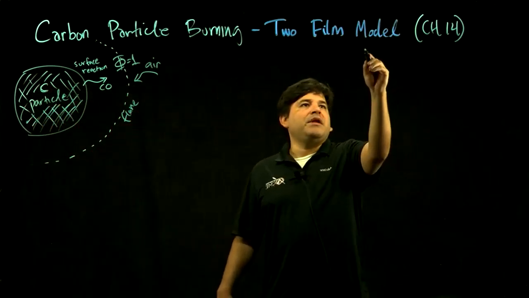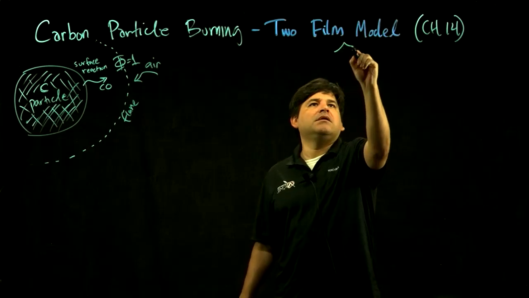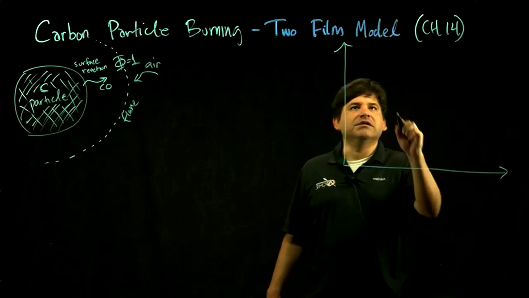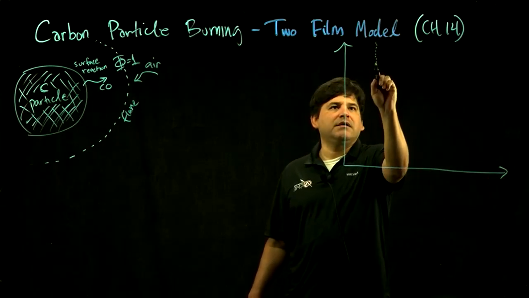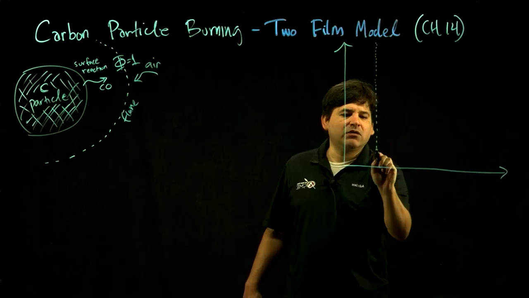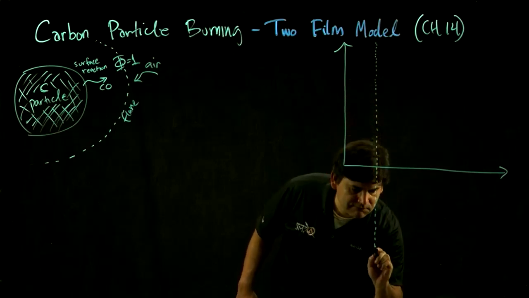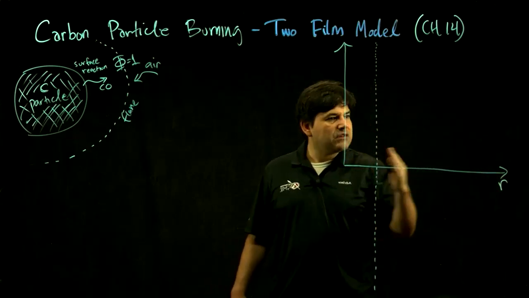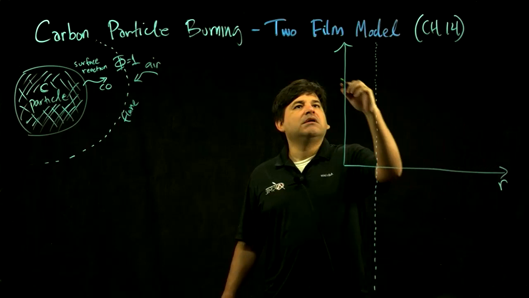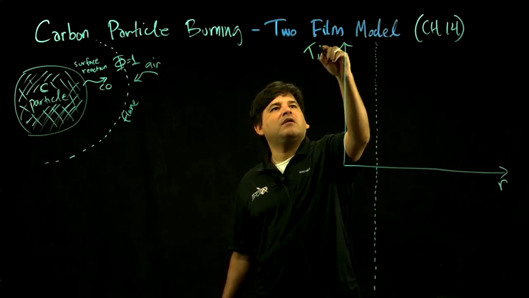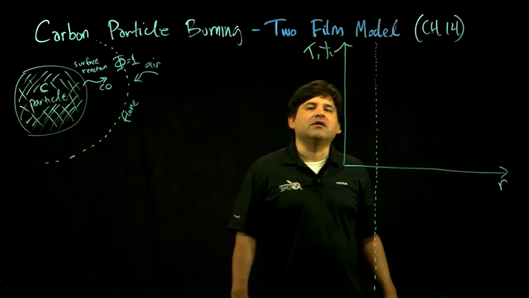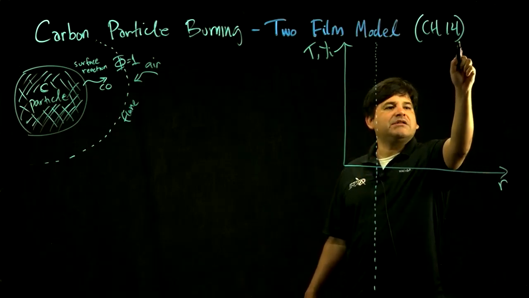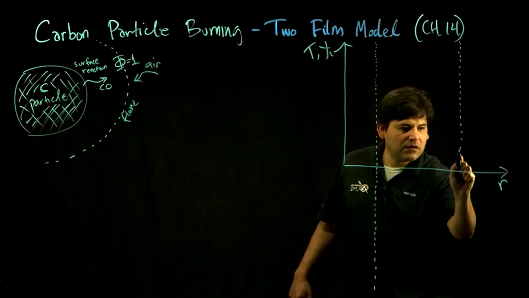So what's happening here is you're going to have two different interfaces. So let's draw this being a position in radial coordinates. So if this was from the center line, some radial coordinates out, and either the temperature profile or the species profiles will have these certain characteristics at these two different interfaces.